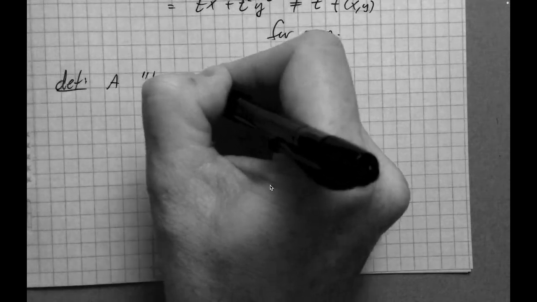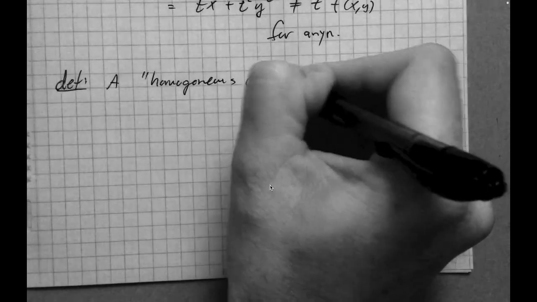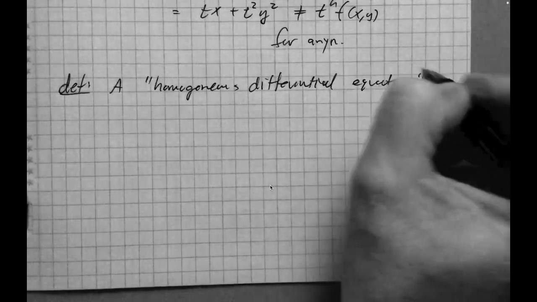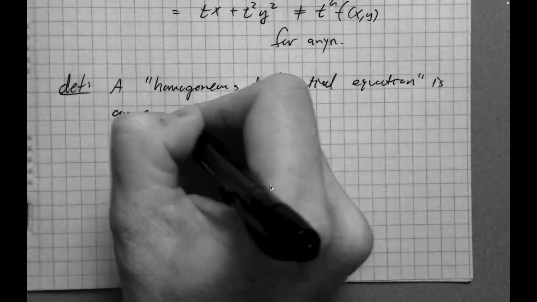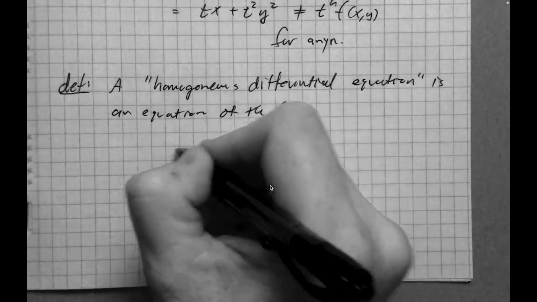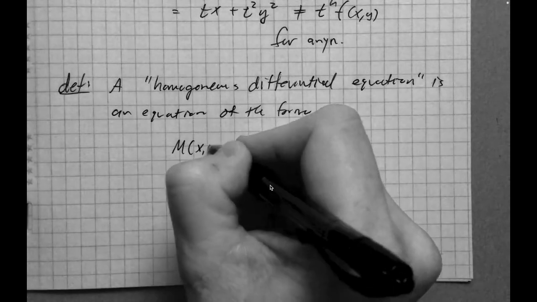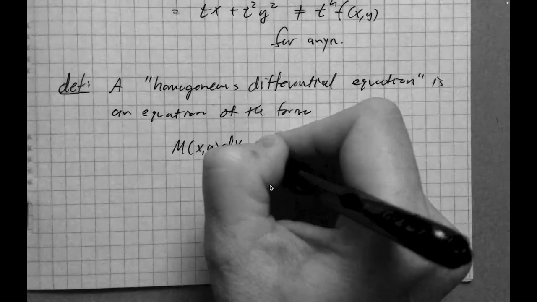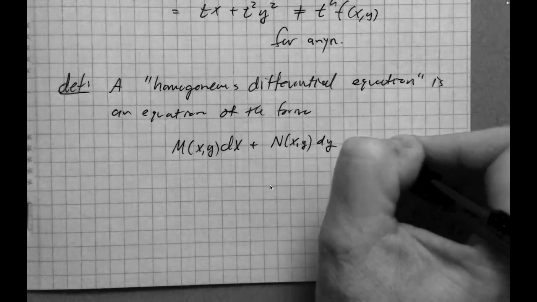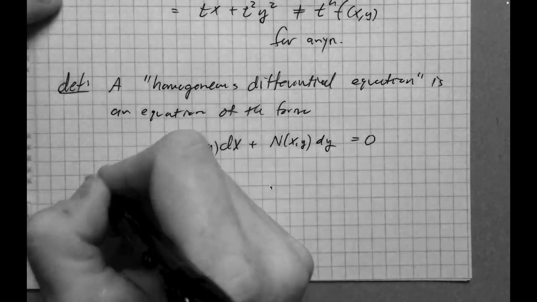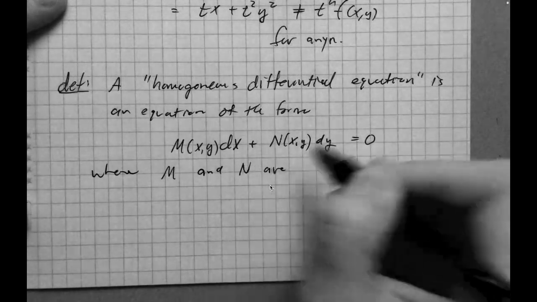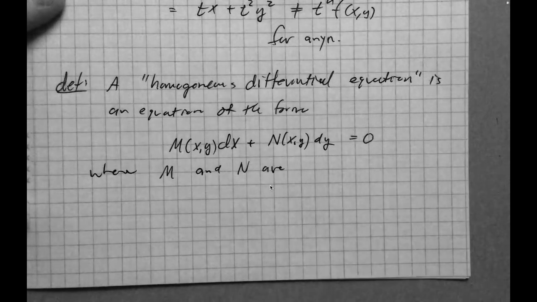A homogeneous differential equation is an equation of the form m of x, y dx plus n of x, y dy equals 0, where m and n are homogeneous functions of the same degree.